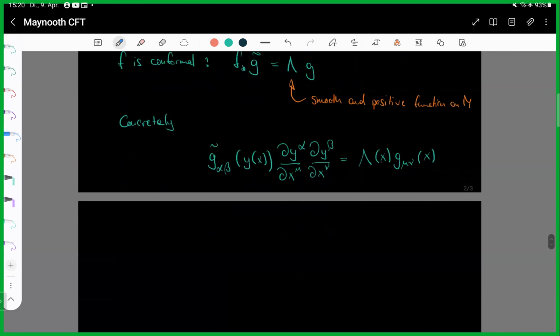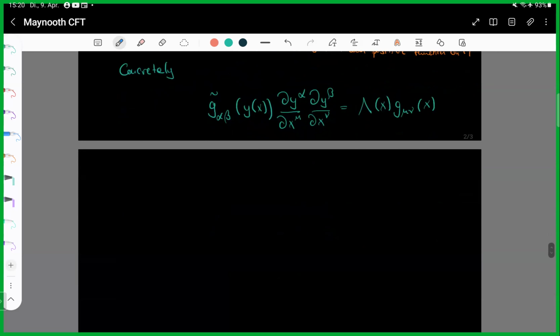The first exercise I propose here, exercise 2.1, is to show that conformal transformations are locally angle preserving.